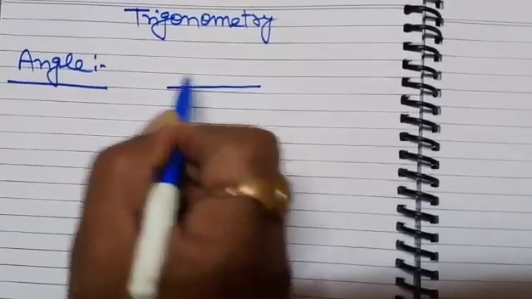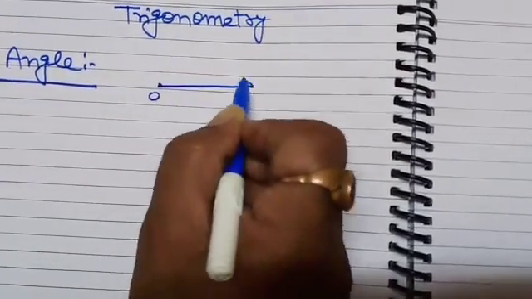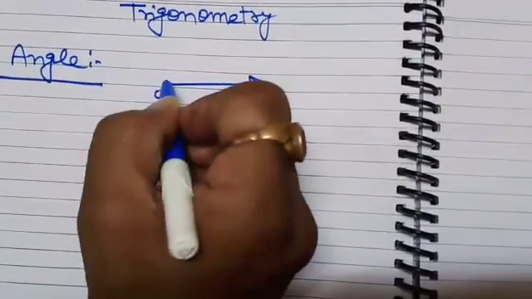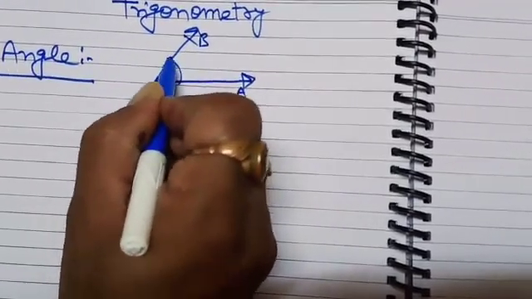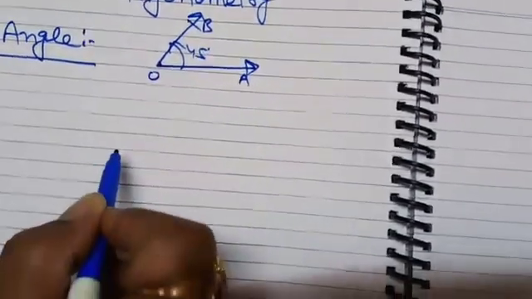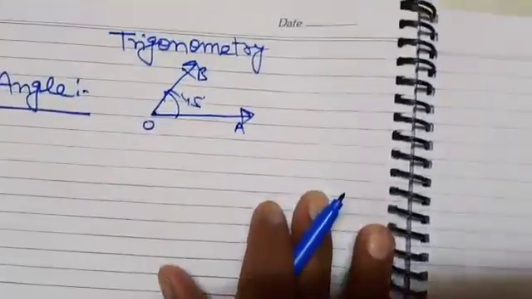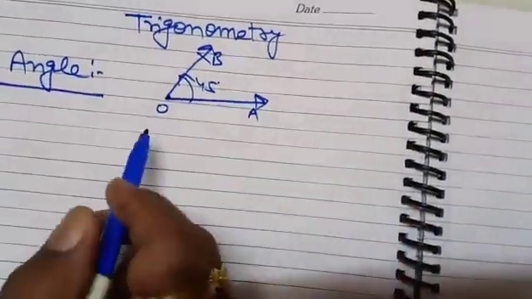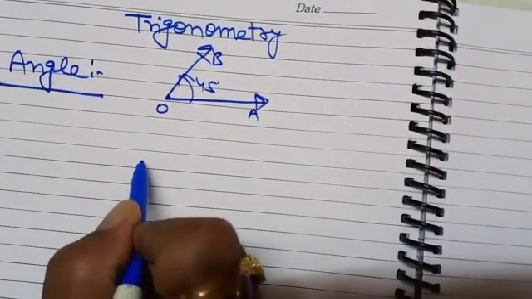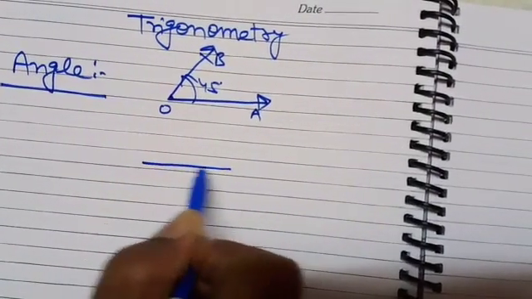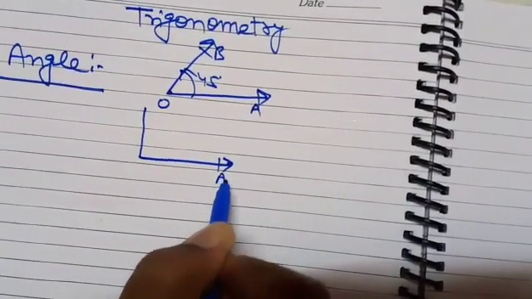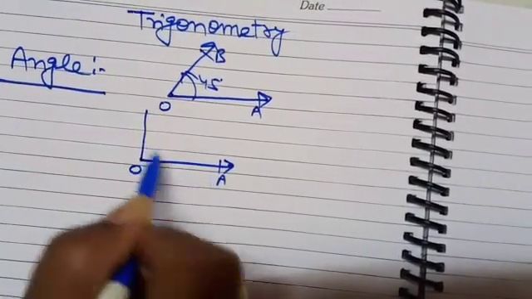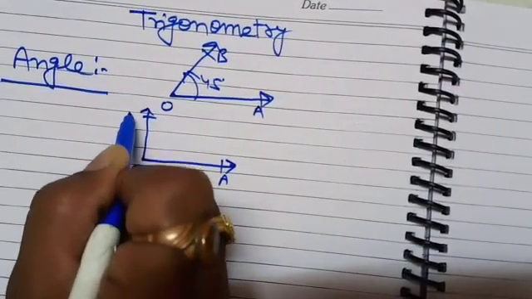Let this be the initial line OA, the initial ray, and this is the terminal ray OB, and the angle between them is 45 degrees. Similarly, in some other case, this is OA, and this is the terminal line OB.